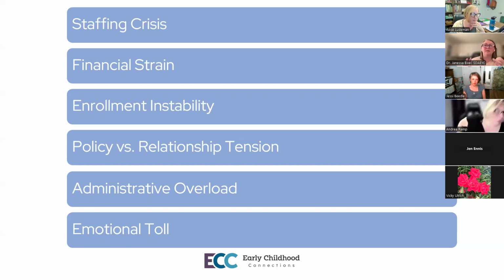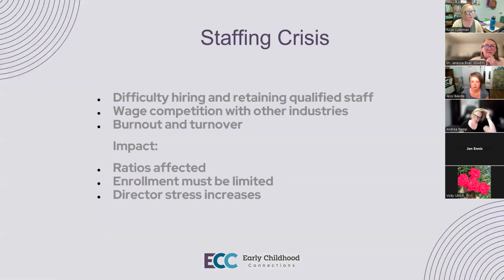The pandemic wreaked massive havoc on a system that was already not a typical business model, whether you're in a center or home. Enrollment instability, policy versus relationship tension, administrative overload, and then also emotional toll. So we're going to be looking at each of those.